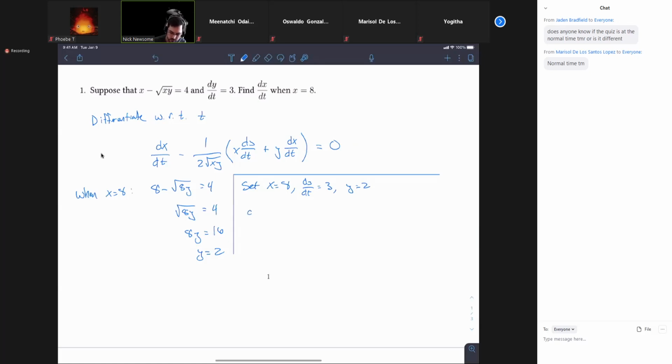And what do we get? dx dt minus 1 over 2 times the square root of, let's see, 8 times 2 is 16. X is 8. dy dt is 3 plus y is 2. I don't know what dx dt is, and that all should be equal to 0.